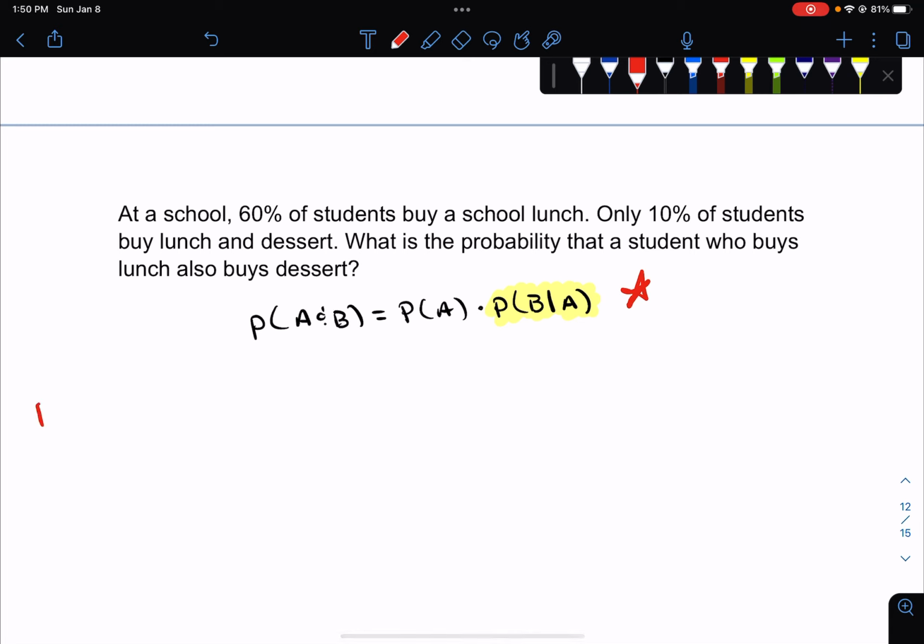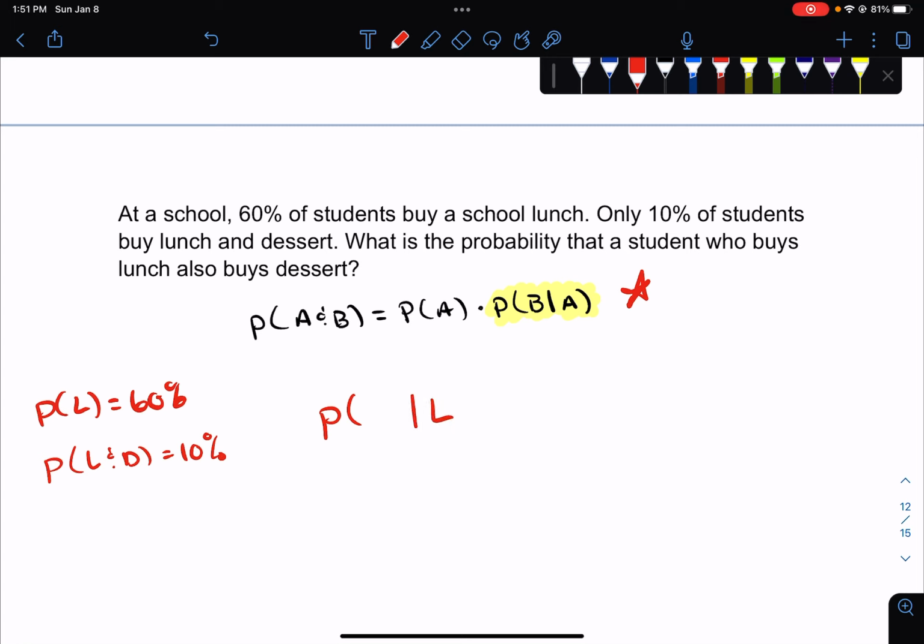So the probability of lunch is 60%. Only 10% of students buy lunch and dessert. So the probability of lunch and dessert is 10%. What's the probability that a student who buys lunch also buys dessert? So it wants to know, what's the probability that if someone has already bought lunch, they also are going to buy dessert?